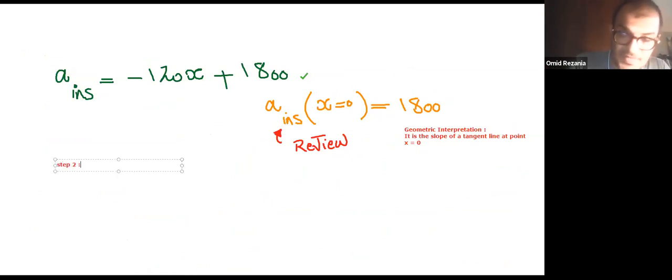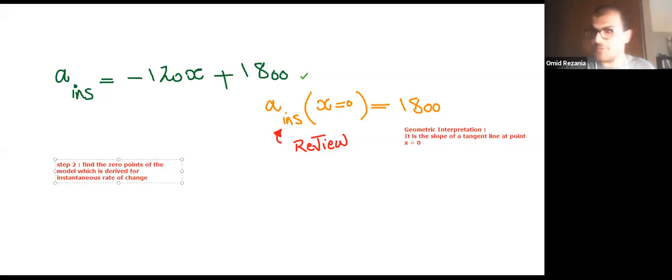Step number two in our process to find that point is to find the zero points of the model which is derived for the instantaneous rate of change.